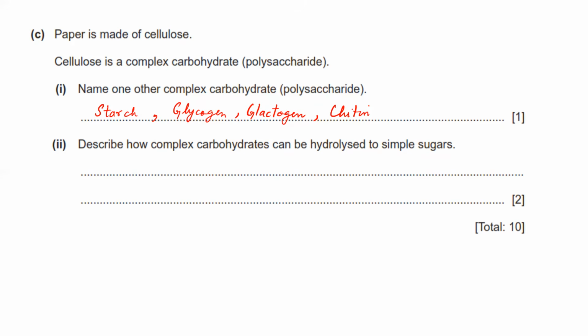The hydrolysis generally takes place in presence of water or OH negative, hydroxyl ions, and it also takes place in presence of certain acids, or by heating or boiling of carbohydrates. This is how we can easily convert carbohydrates to sugars. So explain this process.